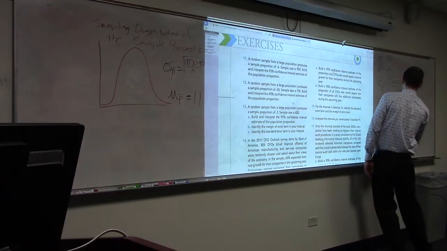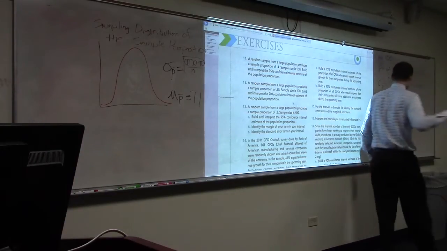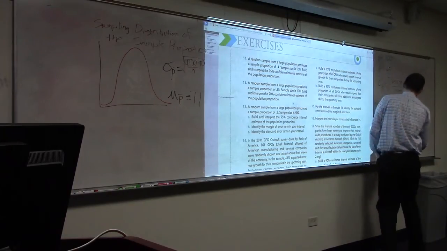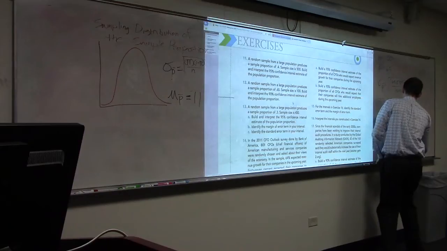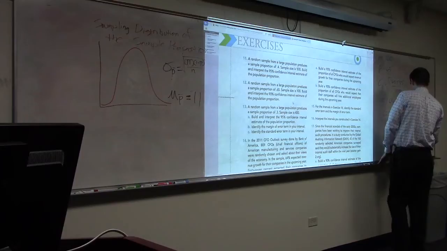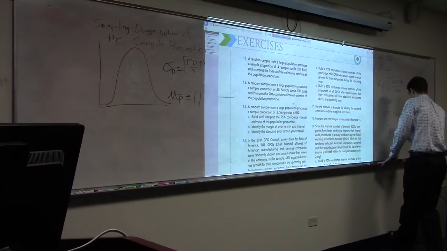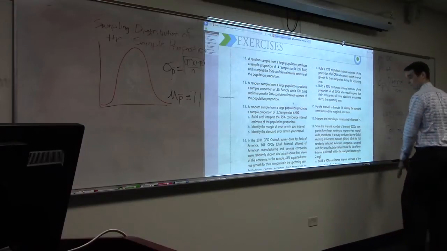What do we get for our lower bound? 57.1%. What do we get for our upper bound? 73%.